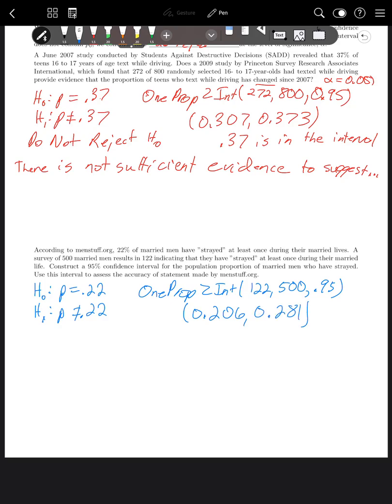And so is this value in our interval? And the answer to that is yes, it is in our interval. Okay, so we do not reject H0.